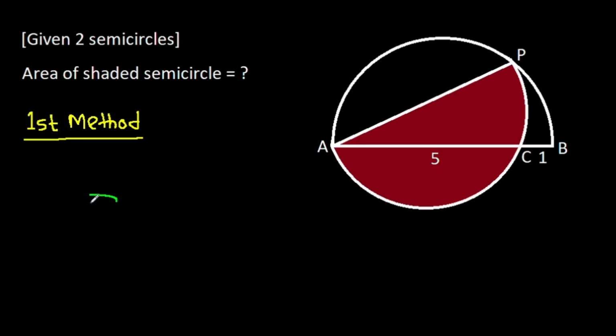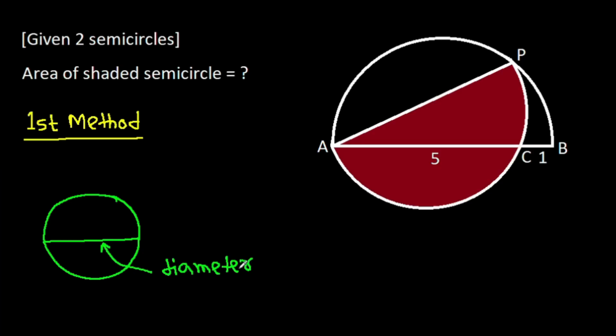In any circle, the diameter makes an angle of 90 degrees on the circle.